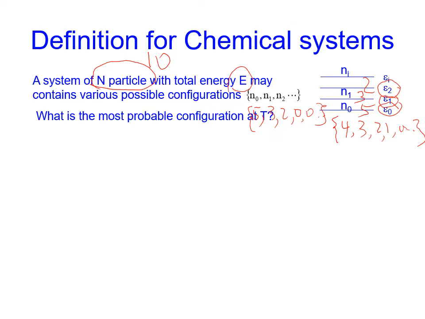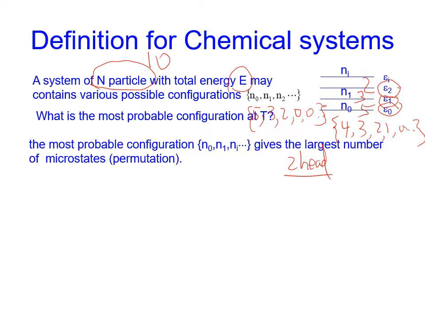Now, in the coin tossing analogy, we showed that 2 heads is the most likely configuration because it has the largest number of permutations or arrangements. Similarly, here we want to find the most probable configuration, the one that gives the largest number of microstates or permutations.